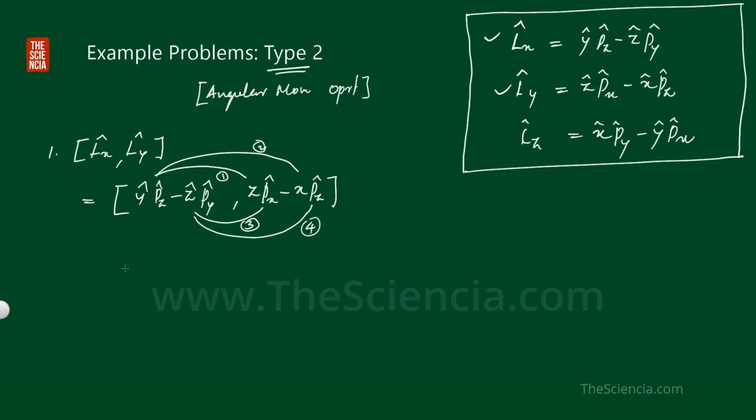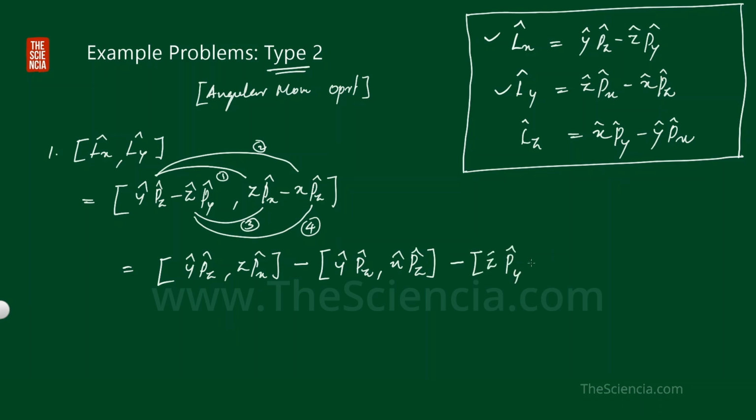Therefore this is equal to the commutator bracket y cap pz cap comma z px cap, plus, here there is a minus sign, so it becomes minus the commutator of y cap pz cap comma x cap pz cap, minus z cap py cap comma z cap px cap.